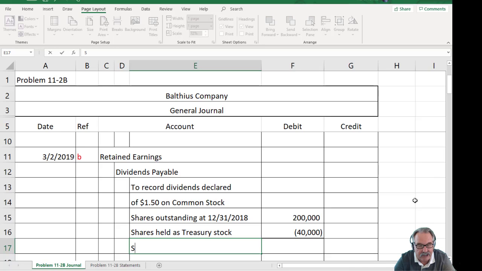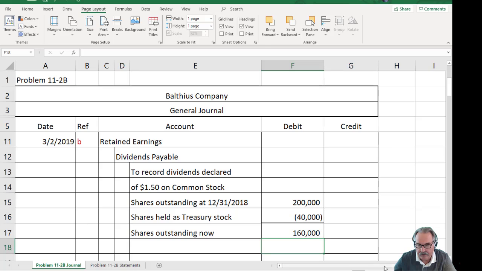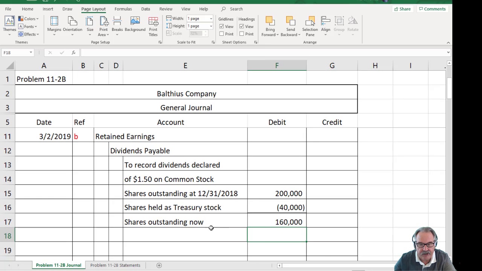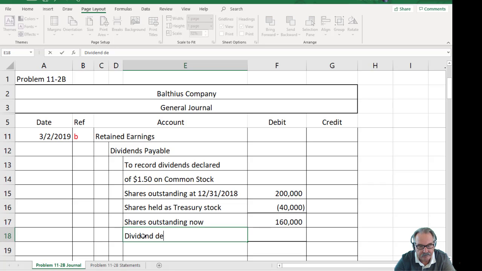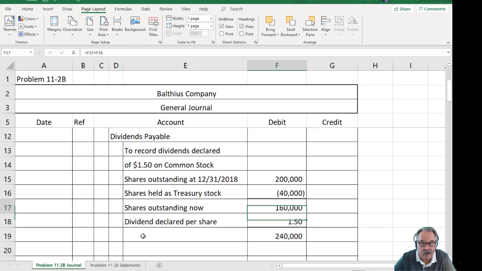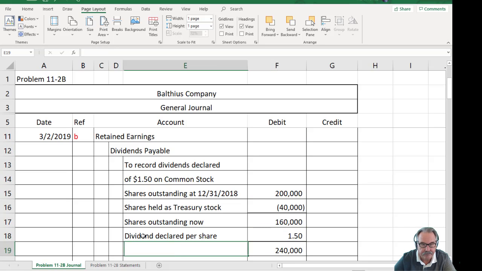So the shares outstanding now is 160,000 shares. And the dividend that was declared was $1.50. So the total dividends are going to be $240,000. Total dividend declared.